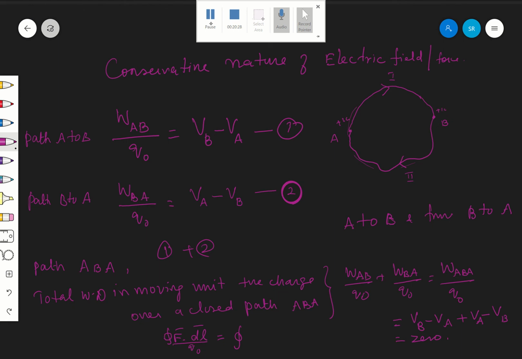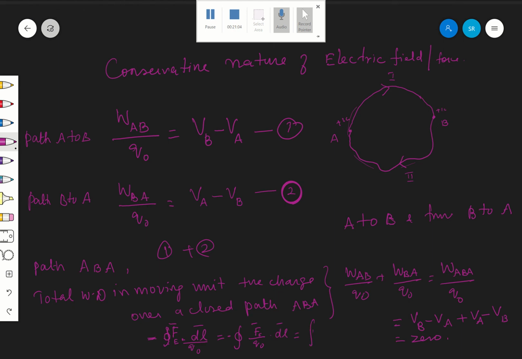So what you will be getting here is F_e by Q naught. F_e means minus, because it is negative work, since it is done against. Therefore you get negative F_e dot dl.